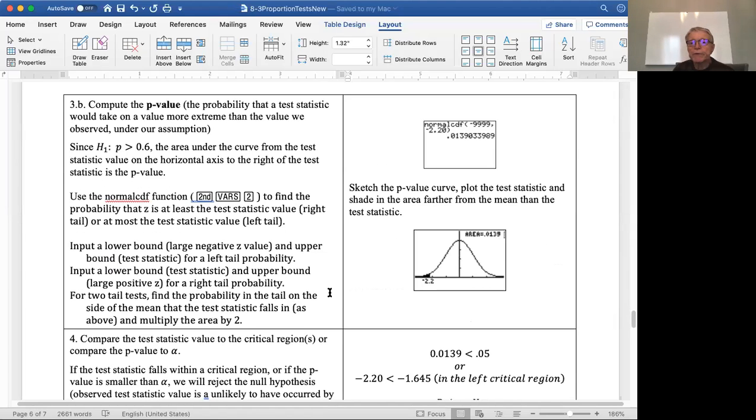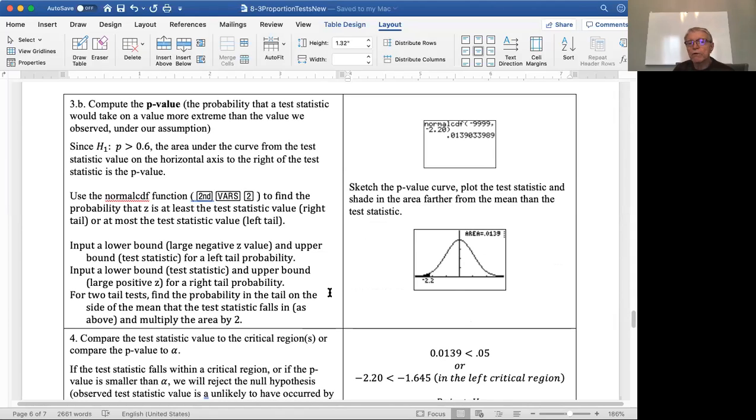What do we do with the p-value? Our p-value is 0.0139. Well, we have to compare that to alpha. That's the rule: we reject H0 if the p-value is less than or equal to alpha. That's a little fact that you need to get into your head permanently.